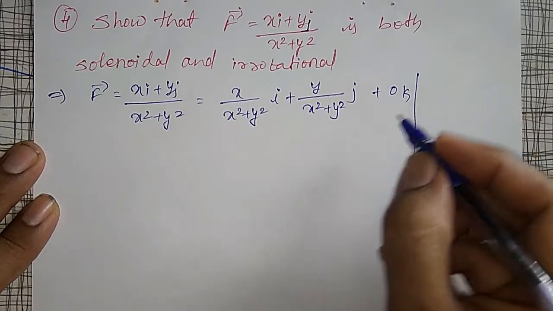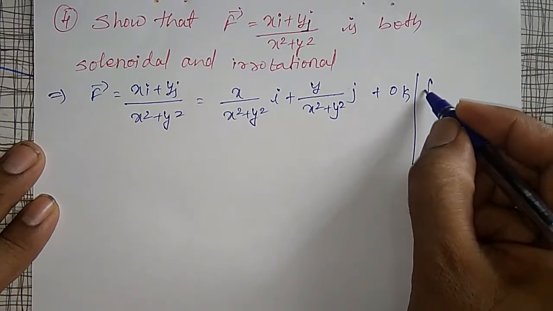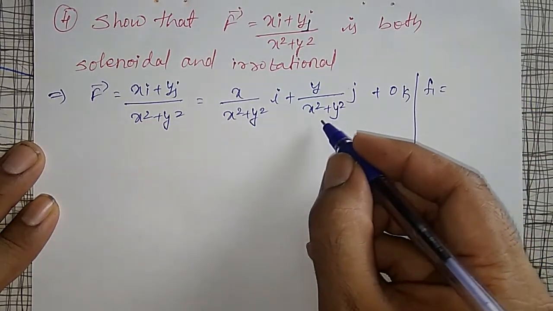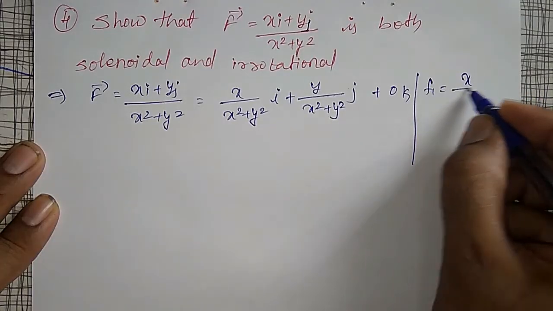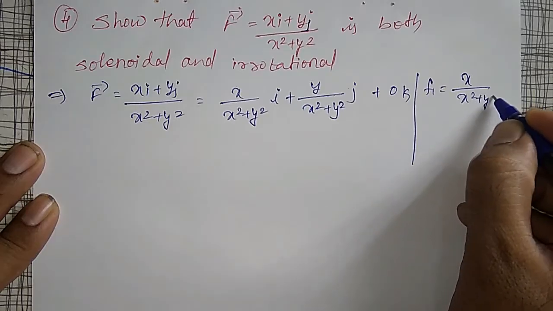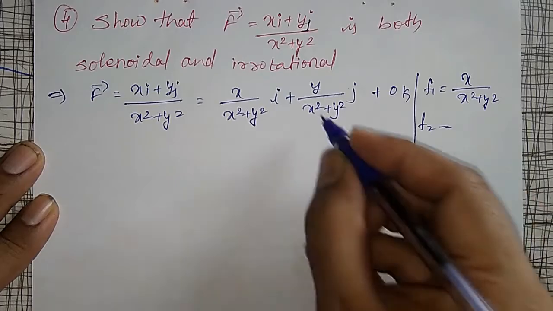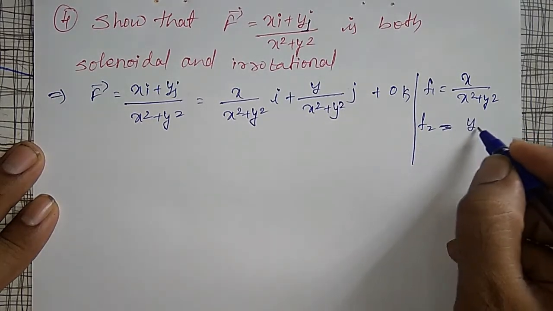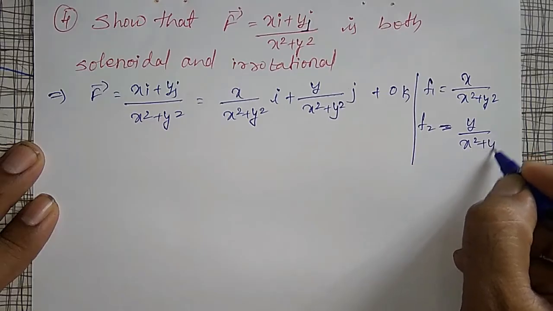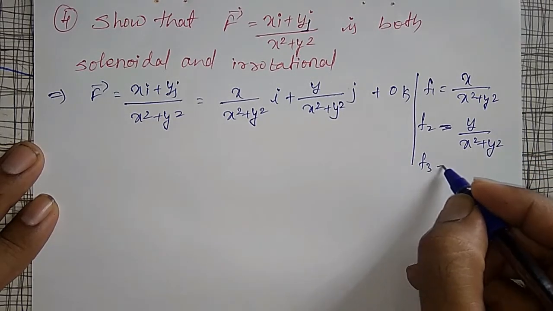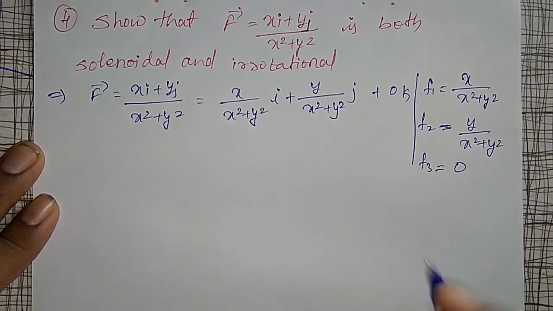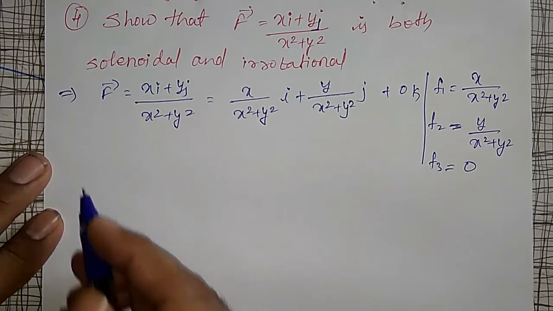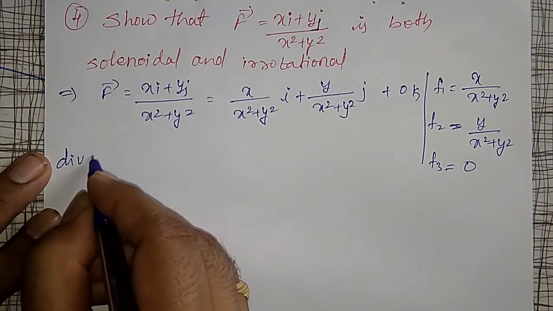Therefore, here f1 will become x divided by x square plus y square. f2 is along the y axis, y divided by x square plus y square, and along z the function is 0.